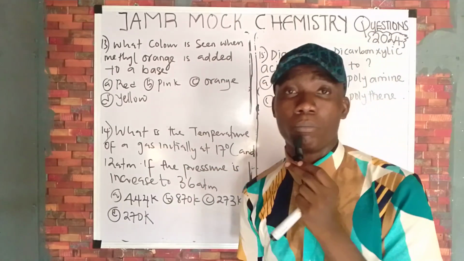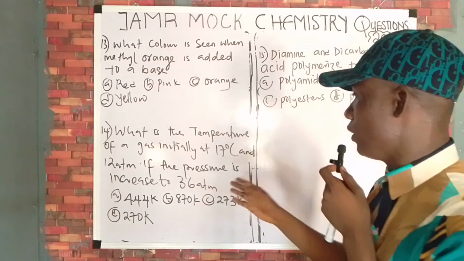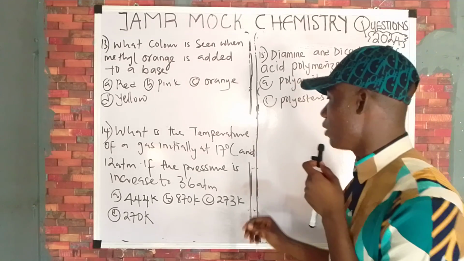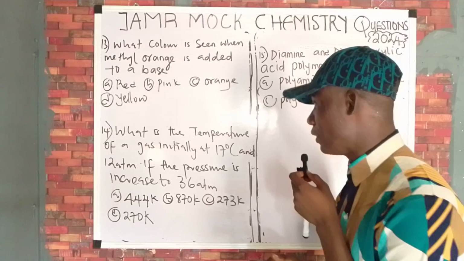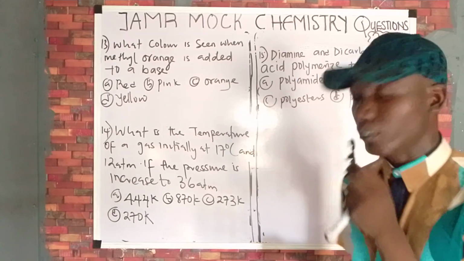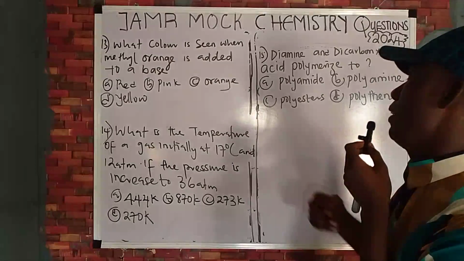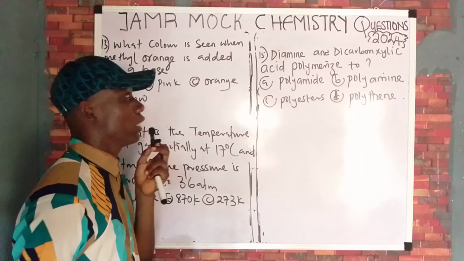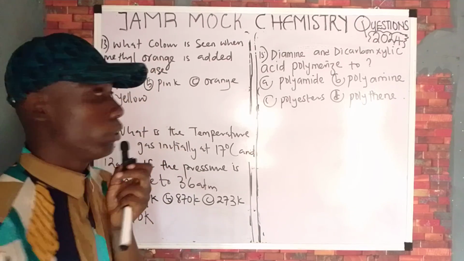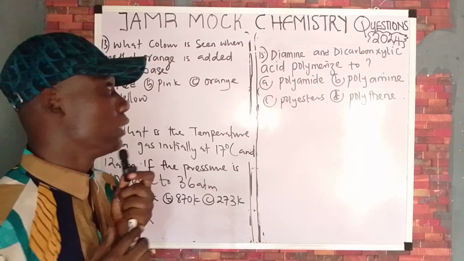Then you send your answers to me in your comment section. What is the temperature of a gas initially at 17 degrees Celsius and 12 atm if the pressure is increased to 36 atm? Also answer this: diamine and dicarboxylic acid polymerize to give what? Please send your answers to me in the comment section with reasons.